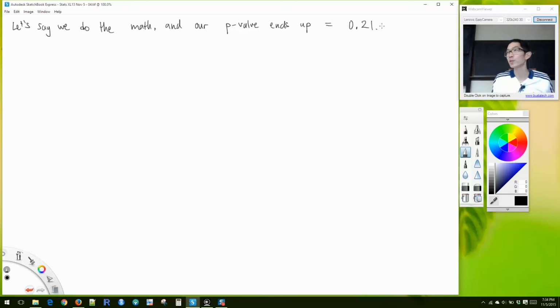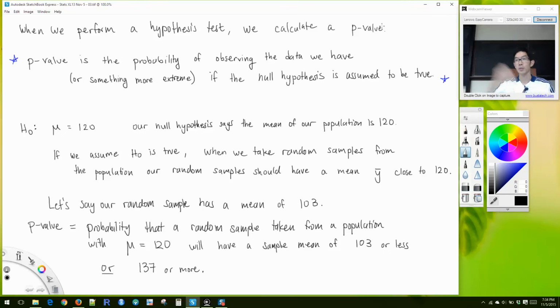What does this mean? We go through the process, okay, and our p-value ends up being 0.21. What does it mean to have a p-value of 0.21? This is a 21% chance that it's 103 or lower, 137 or greater.